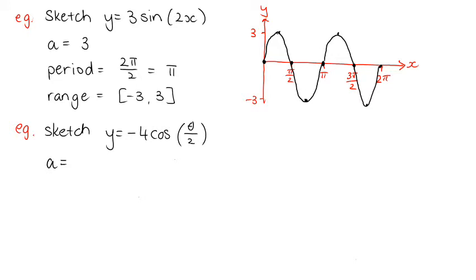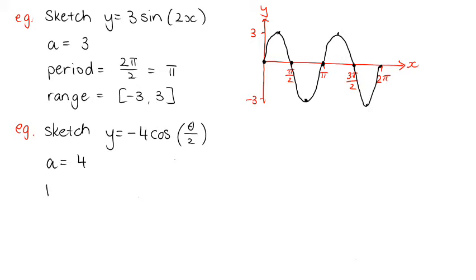Our amplitude. What is it? Or just 4. It's just the distance. So we can just say 4. Because it's... No, it doesn't really change anything. It just changes where it starts, basically.